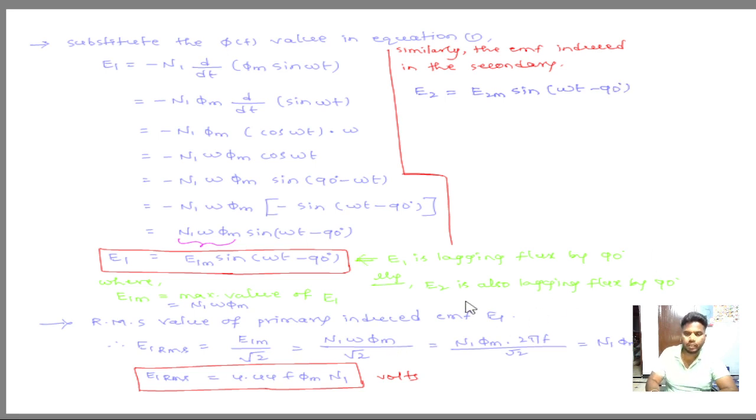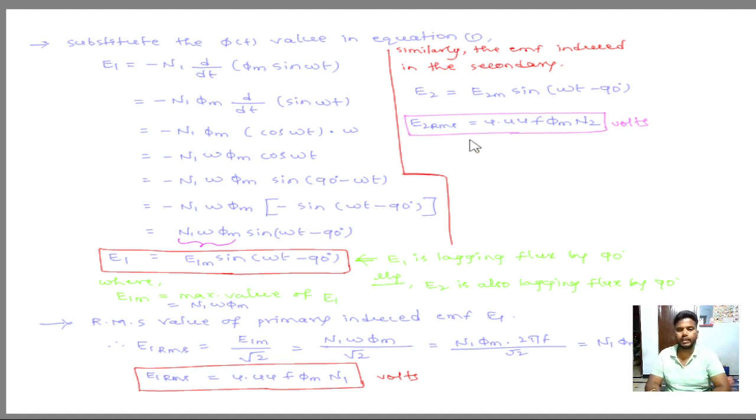Same here, E2 is lagging flux by 90 degrees. Then E2 RMS is equal to 4.44 f phi m N2, where N2 is the number of turns in the secondary. Is this clear? And this is the EMF equation of a transformer.